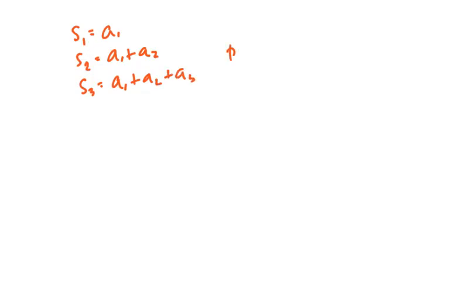So these are partial sums here. S sub 4 is A1 plus A2 plus A3 plus A4. So they'll help us determine whether or not we have a limit here.